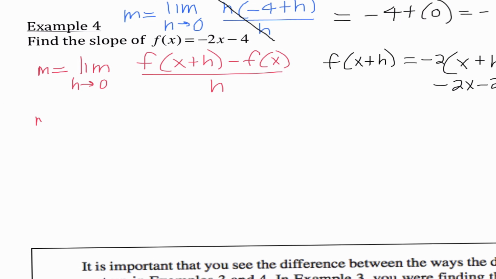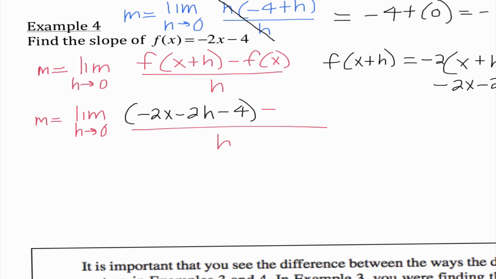So I'm going to go ahead and write out -2x minus 2h minus 4. F of x, we know, is -2x minus 4. That function is given to us, so I'm going to go ahead and put that in. And now I'm going to have to go ahead and distribute.